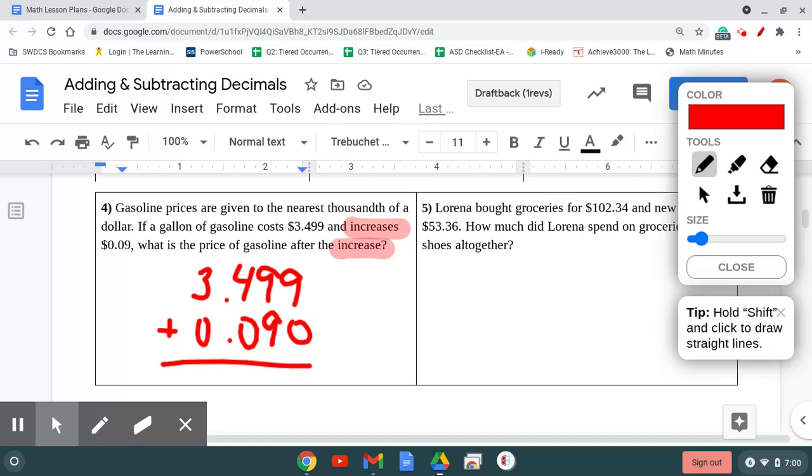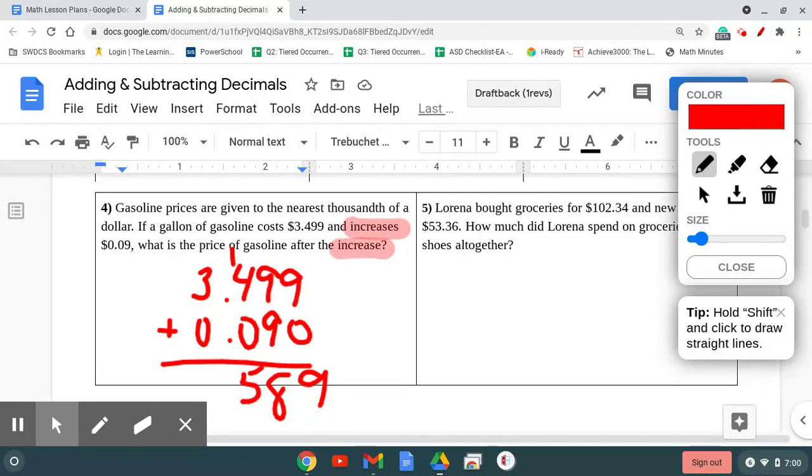Now both numbers have the same number of digits, so we can add. 9 plus 0, 9. 9 plus 9, 18, carry your 1. 4 plus 0, 4, plus 1, 5.